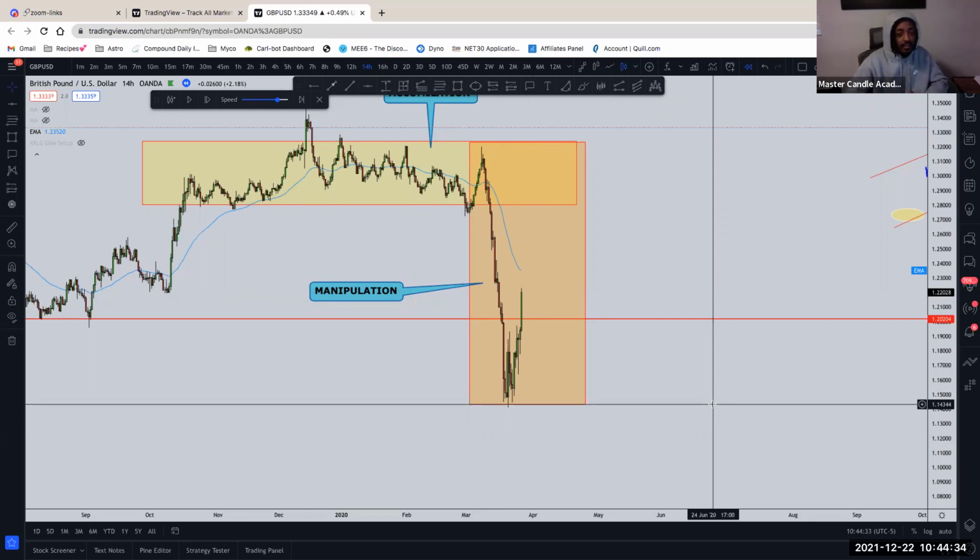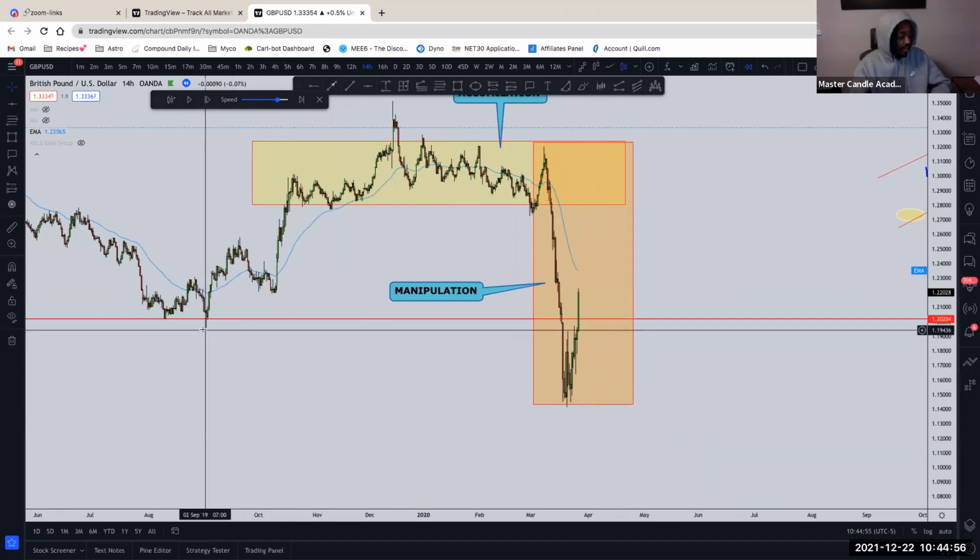What does that indicate? If you see a V in the market, what type of market structure do you think is about to happen? A bullish reversal. A V is a bullish reversal pattern.